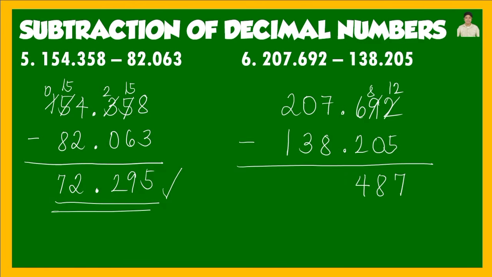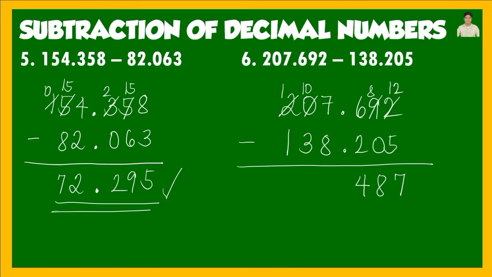7 minus 8 now, that is cannot be. So, magbaborrow tayo dito. 0. So, dahil 0 din yun, wala tayong mahihiram. So, dito tayo manghihiram. So, 2, magiging 1. And then, ito, magiging 10.